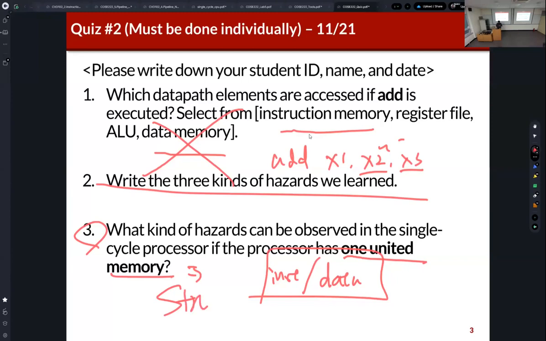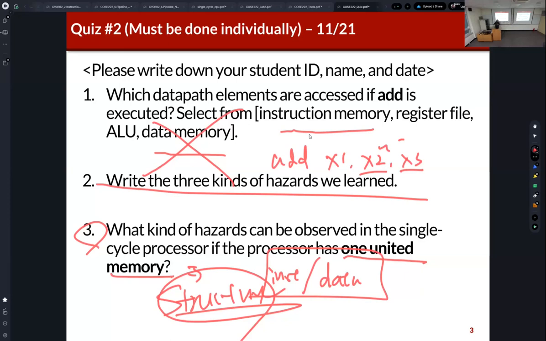Every instruction accesses memory. The load and store instructions also need to access memory. But the memory port is already occupied by the instruction fetch, and the load instruction also needs to use this memory port.